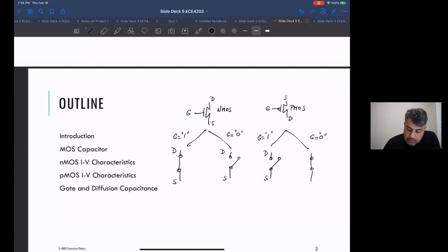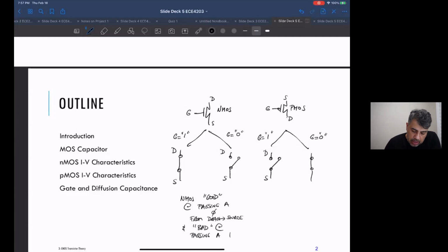So that's what we said so far. And then we added that NMOSs are good at passing a 0 value from drain to source, and are bad at passing a 1.